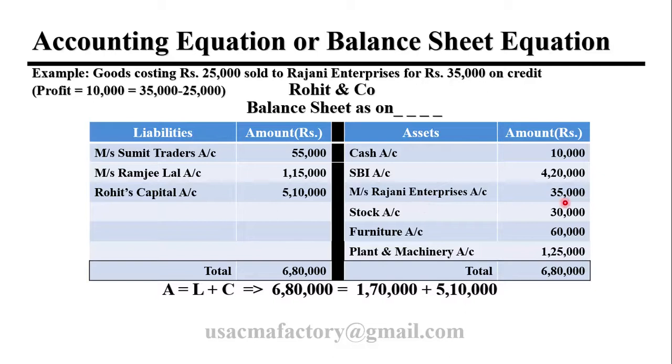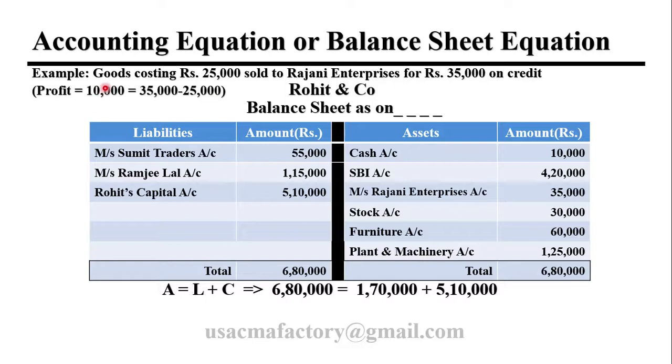Rajni Enterprises 35,000, because Rajni Enterprises has taken goods on credit, that means Rajni Enterprises will pay the money in future. And the stock account, earlier it was 55,000, now 55,000 minus 25,000 is equal to 30,000. Here profit is made, 35,000 minus 25,000.